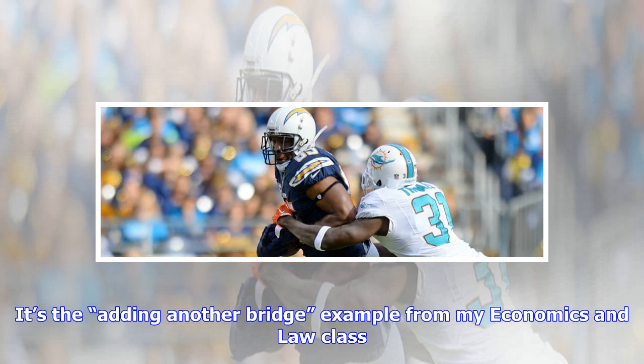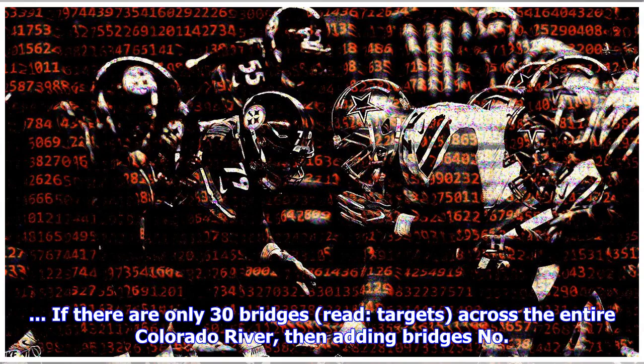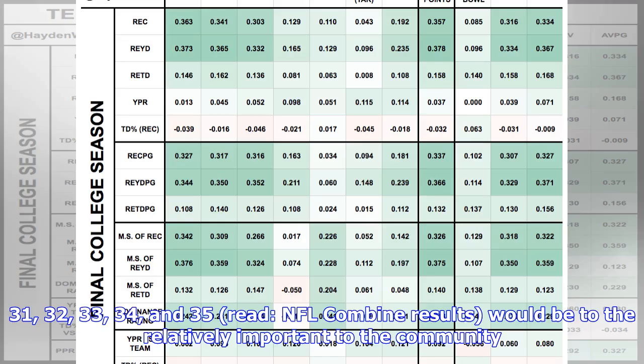Is this adding another bridge example from my economics and law class? If there are only 30 bridges across the entire Colorado River, then adding bridges 31, 32, 33, 34, and 35 would be relatively important to the community.